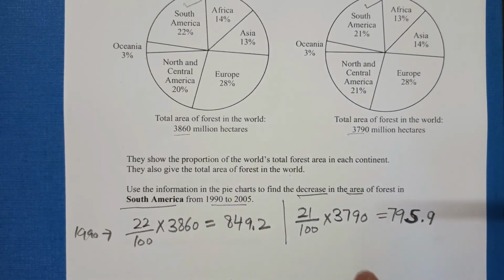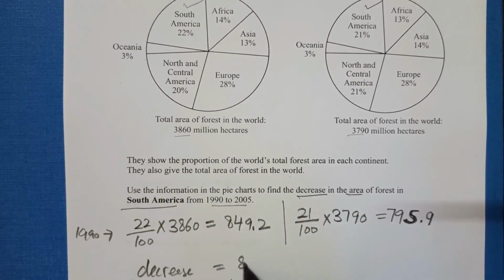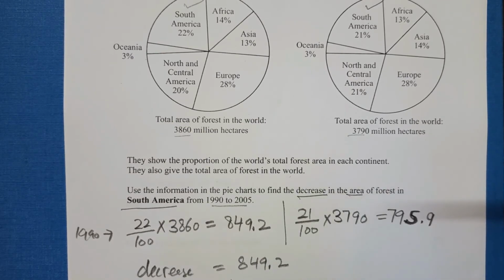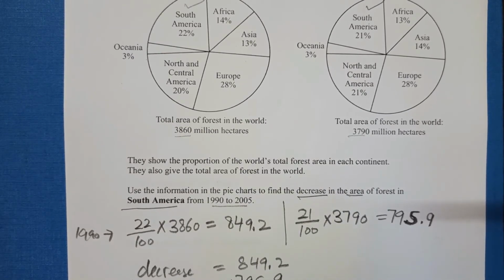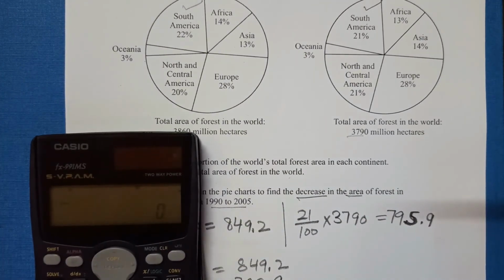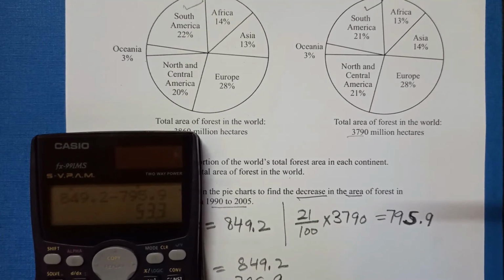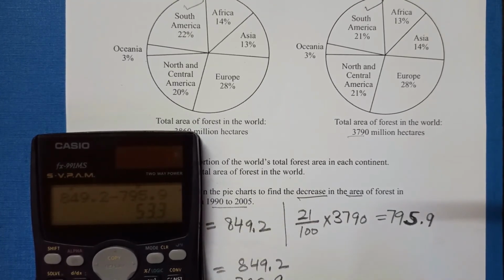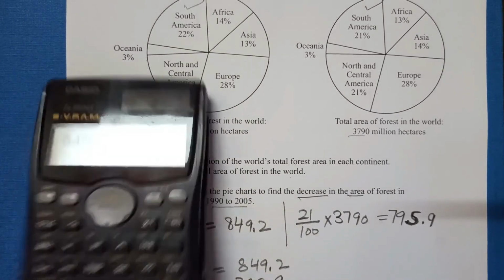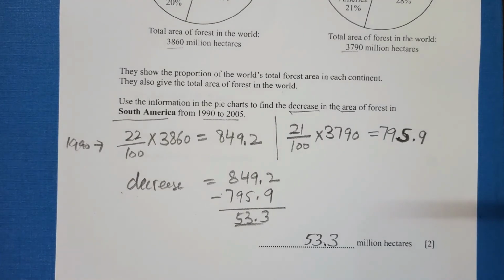So we need to find the decrease, so we will subtract. 849.2 minus 795.9. So this is 53.3 million hectares.